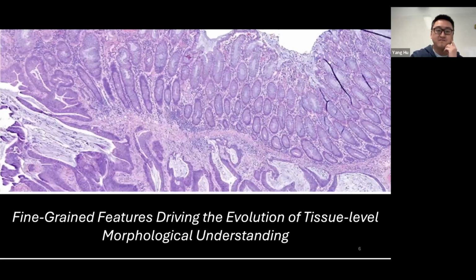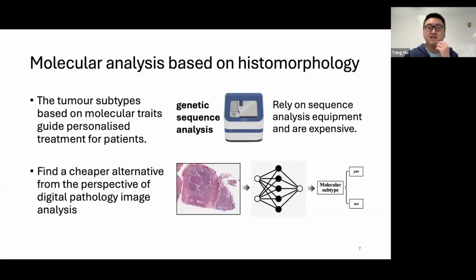The first work I would like to introduce is from before the foundation model era. In this work we had a very special setup: we would like to use histomorphological features to do molecular subtype prediction. As we know, tumor subtypes based on molecular choice can indicate very precisely the personalized treatment for different groups of patients.